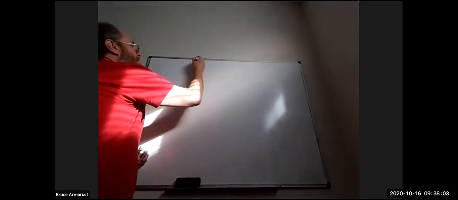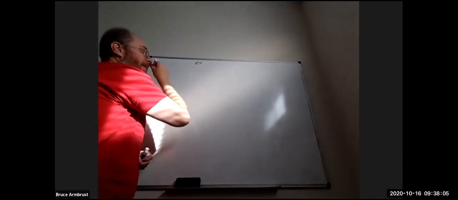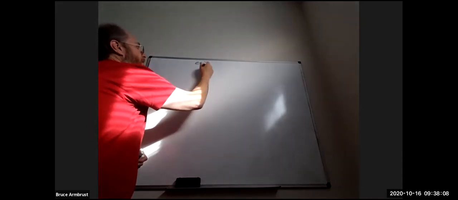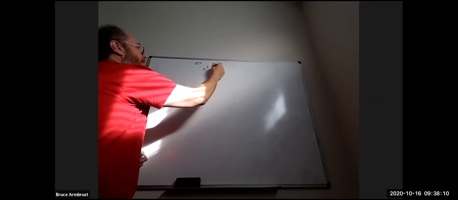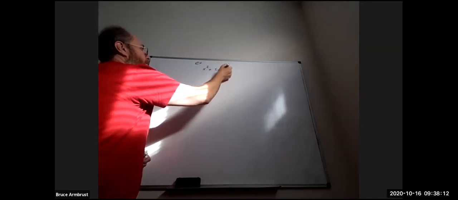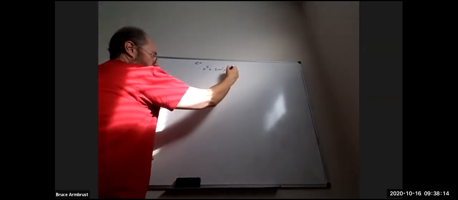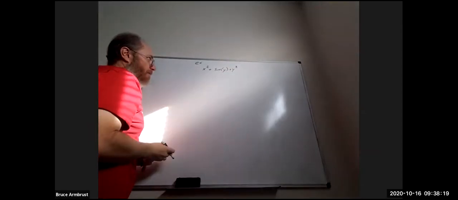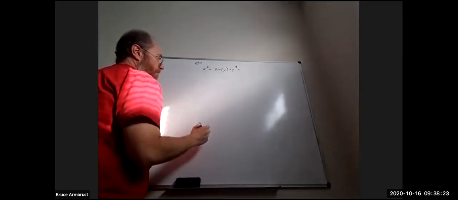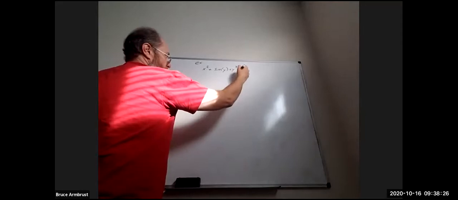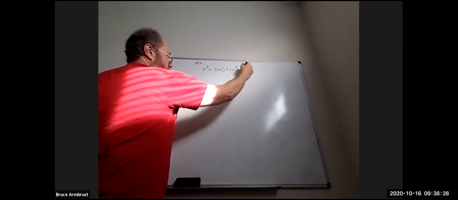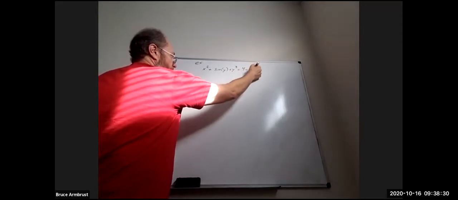And I'm not going to make this too terrible, I hope. But let's just go with this guy. Let's say we've got x squared plus sine of y plus y cubed equals 4 minus xy.